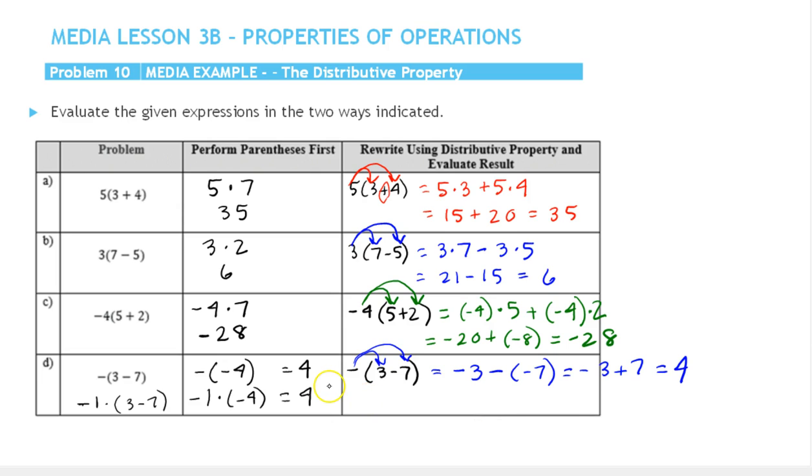And also, if you want to think of distributing a -1, this will be -1 times 3 minus -1 times 7.